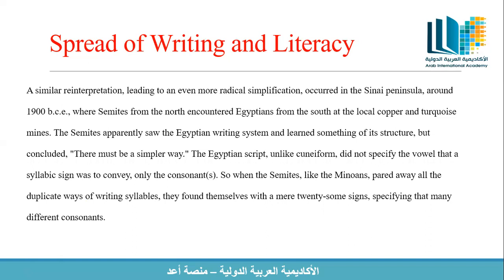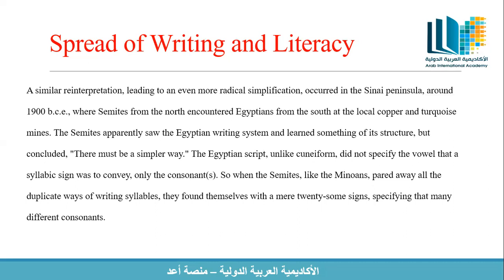A similar reinterpretation leading to an even more radical simplification occurred in the Sinai Peninsula around 1900 BC, where Semites from the north encountered Egyptians from the south at local copper and turquoise mines. The Semites apparently saw the Egyptian writing system and learned something of its structure, but concluded there must be a simpler way.